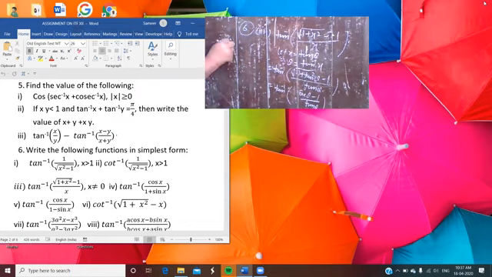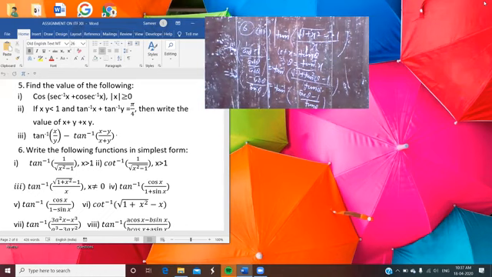So you have tan inverse of 1 upon cos theta minus 1, upon sine theta upon cos theta, which is also equal to tan inverse of 1 minus cos theta upon sine theta.